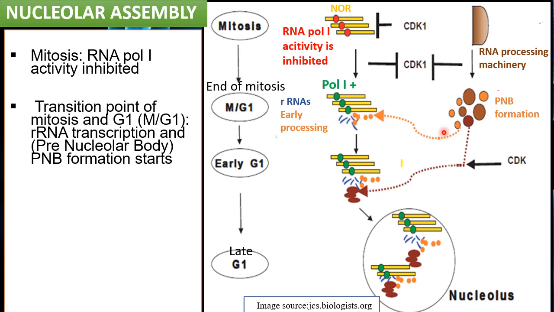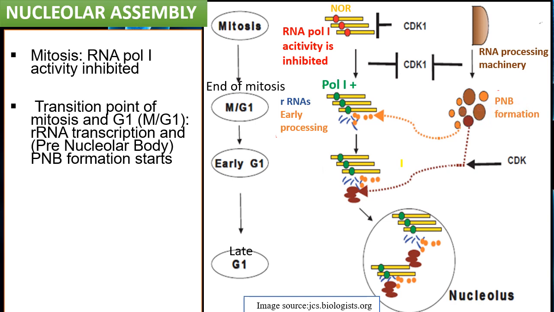At the same time, the early processing machinery is recruited towards the NOR, and this orange dotted arrow represents the recruitment of early processing machinery. Along with this, pre-nucleolar bodies are formed. These orange and brown spots depict the pre-nucleolar bodies.